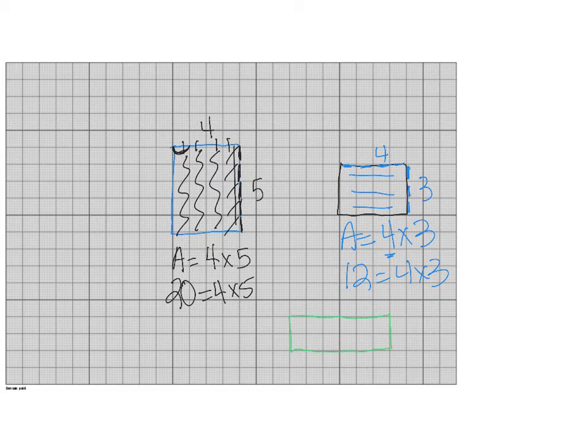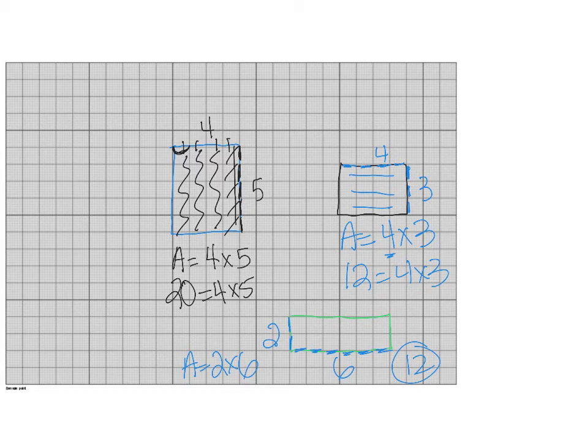This side is 1, 2, and this side is 1, 2, 3, 4, 5, 6. So I have 2 rows of 6, 6 and 6. Area equals 2 times 6, which equals 12.